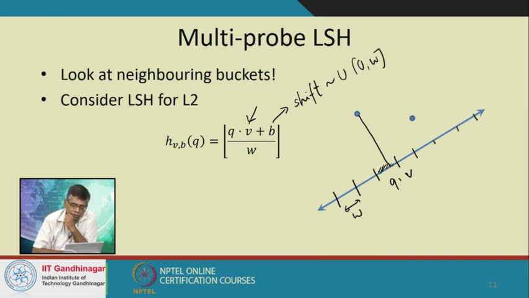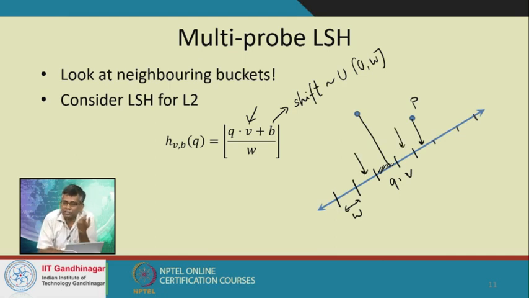Imagine that there is some other point P that is actually pretty near to Q. If P has not been assigned the same ID as that of Q, then it is likely that it falls maybe either here or here.